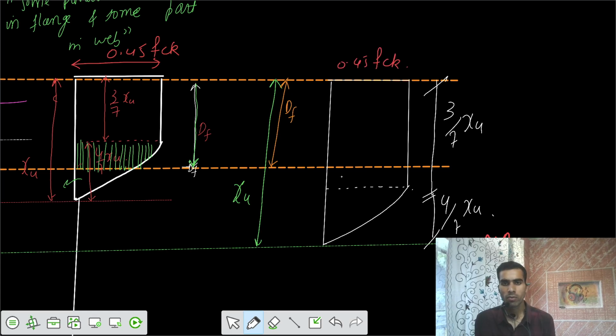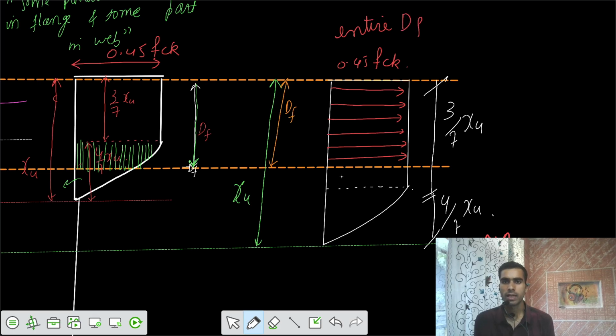That means for the entire DF thickness of the flange, you have a constant value of 0.45 FCK. Can you say that? So the entire DF is having a constant stress of 0.45 FCK.